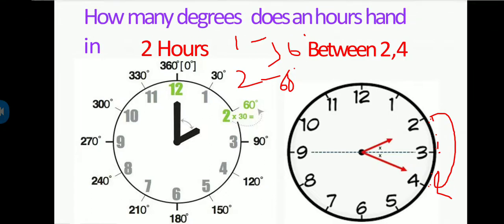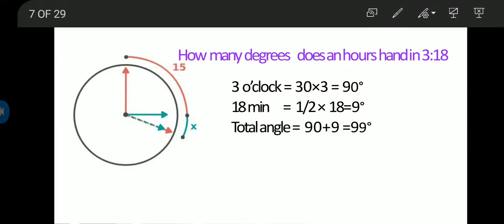Next, how many degrees does the hour hand move in the time 3:18? So how much does the hour hand move? For 1 hour 30 degrees, for 3 hours 90 degrees.